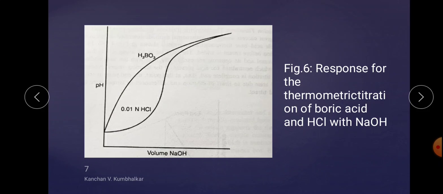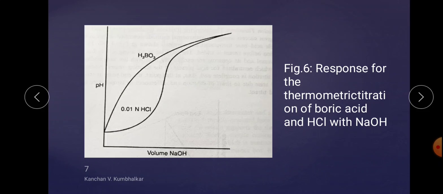Next one is the sixth figure, that is, the titration of a mixture of two acids, that is boric acid and HCl, against NaOH.